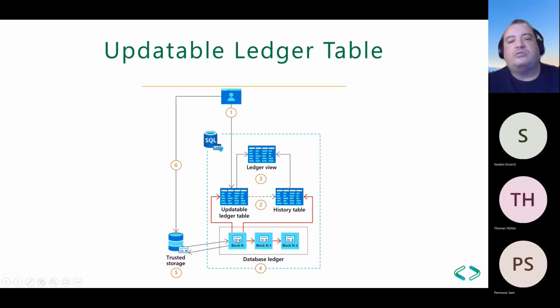Each digest is used to create the next one, and the next one, and the next one, so the digests are linked to each other in a similar way as it works in a blockchain. These digests are asynchronously saved in an external storage. So here we have an Azure storage account or confidential ledger saving these digests.